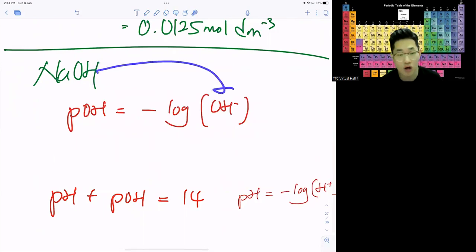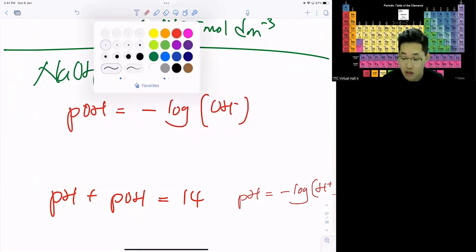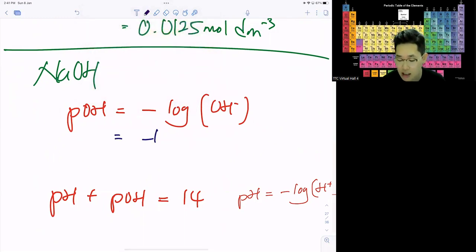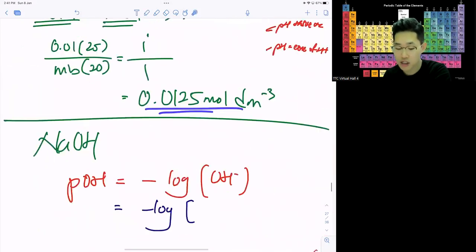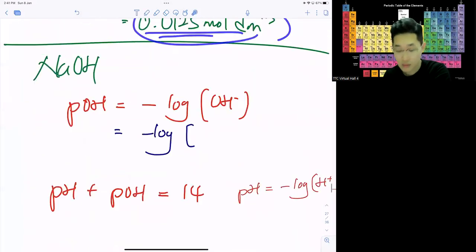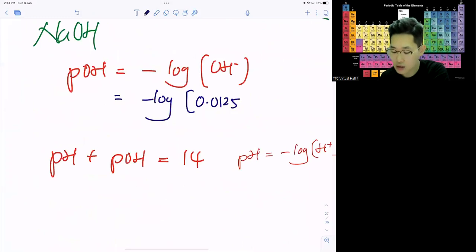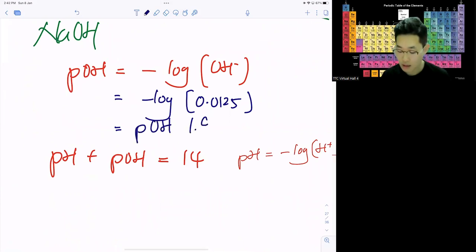So I can sub it into the OH minus here. So pOH equals negative log of the concentration of hydroxide ion, the concentration you got just now, 0.0125. Press your calculator, negative log 0.0125. We get pOH 1.9.